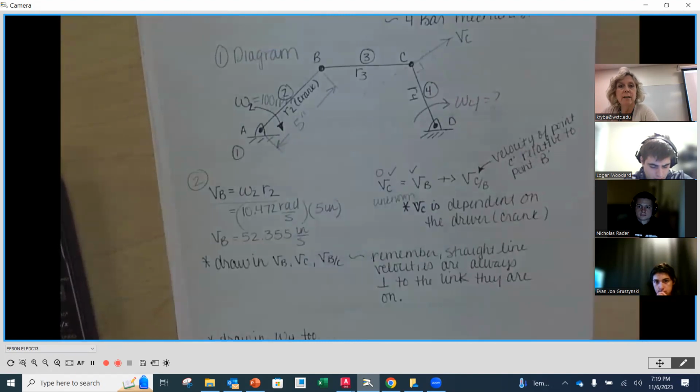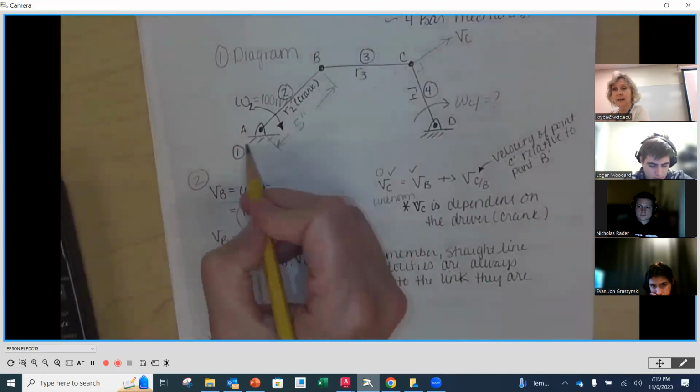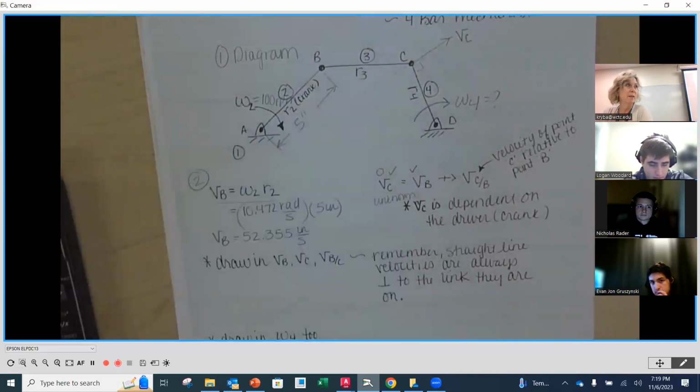Do we know B's direction? Yeah, we do. Which way is B going? The link is going clockwise. Which way is VB going?